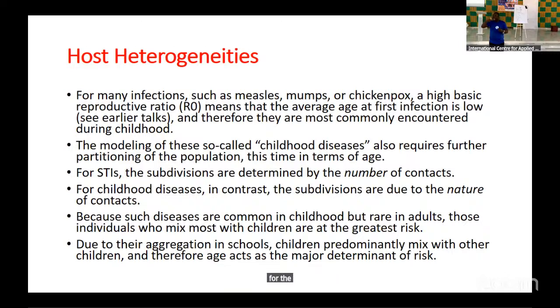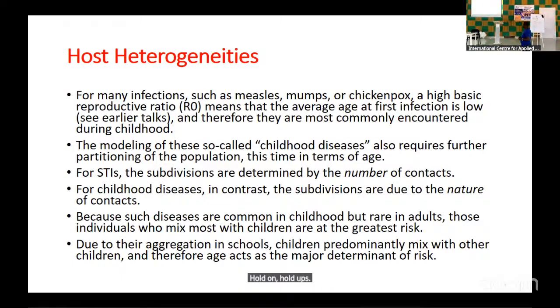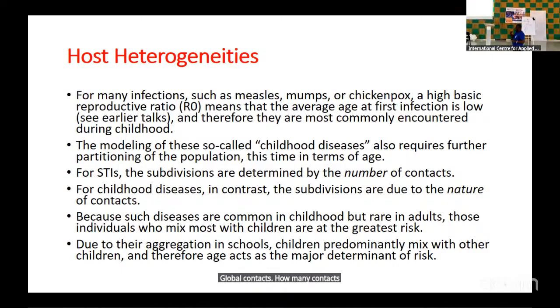People have done SIR, repeated, look at it as SIS, SIRS, same for cholera. And for STIs, the subdivisions are determined by the number of contacts. How many contacts do we have? Now, for childhood diseases, the subdivisions are due to the nature of contacts, not the number. For childhood disease, nature.